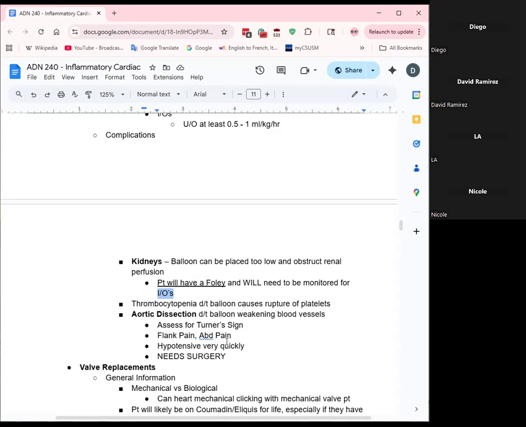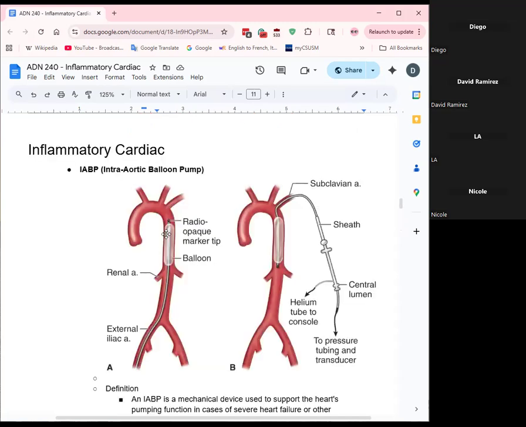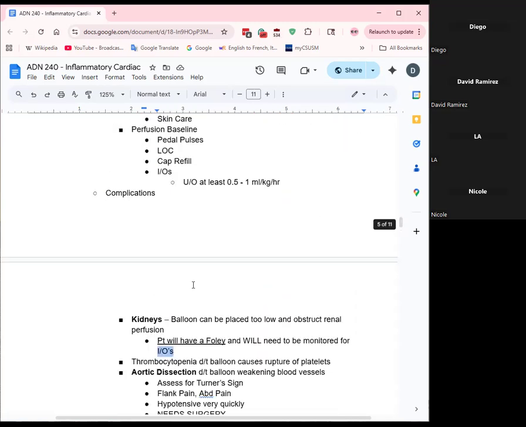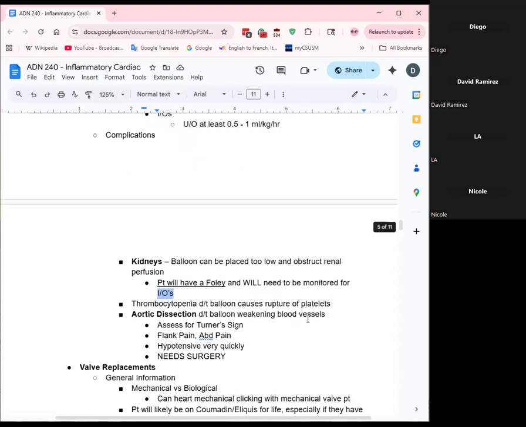Another complication is the fact that you have this balloon that's inflating, deflating, inflating, deflating. That can cause damage to the artery. You could have that balloon weaken the blood vessel, which could cause a dissection, meaning that it tore apart that part of the aorta.